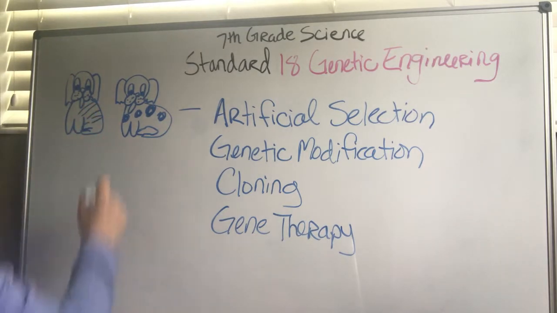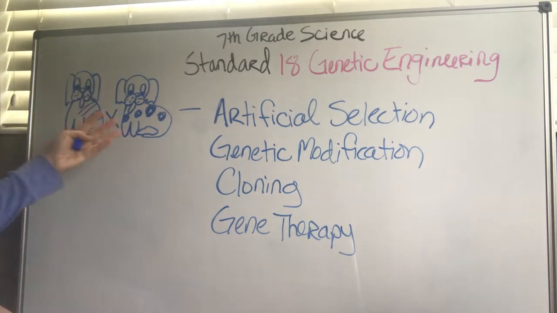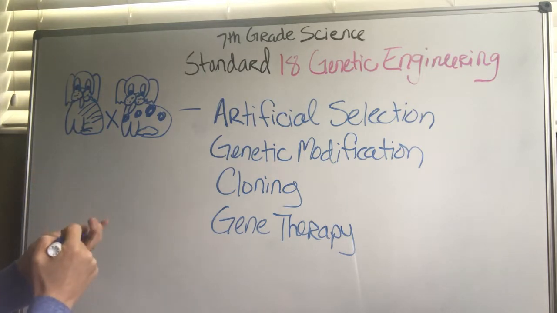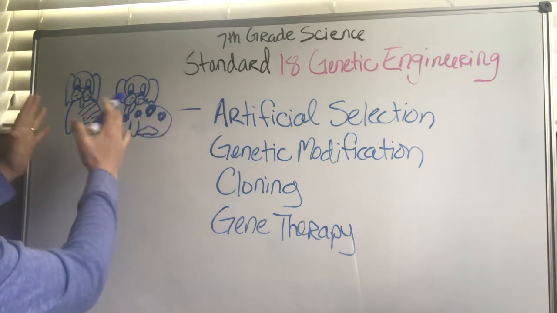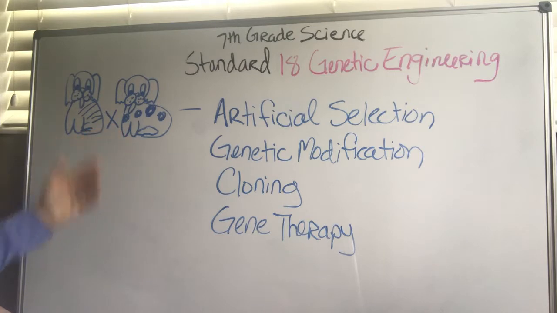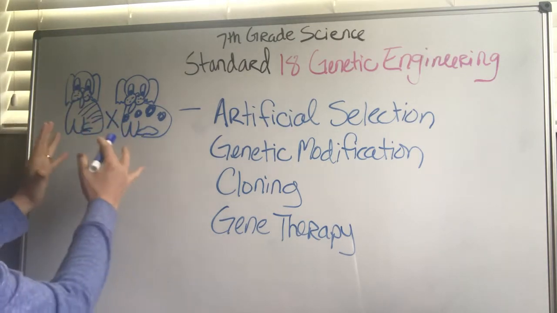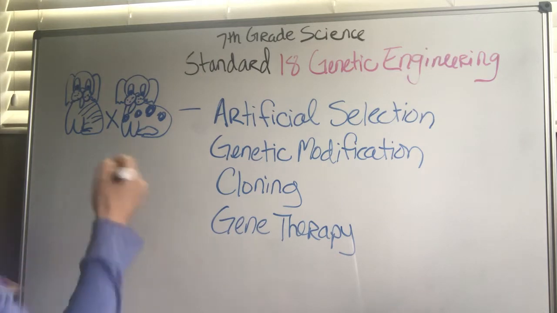And so say someone wants to have a dog with both stripes and spots, so they would breed these 2 animals, a male and a female, one from stripes and one from spots, to try to get both of those into one animal.